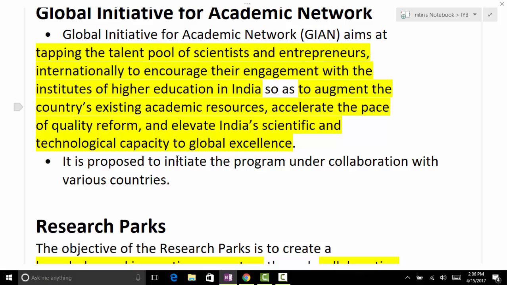Do you understand what is being said in this? What is in Gyan? Global scientists and entrepreneurs will come here and collaborate. They'll give some lectures in higher technical education institutions, and those videos will be uploaded. That will be useful. Okay, people will come from outside, give lectures here, and everyone will get all these things easily.